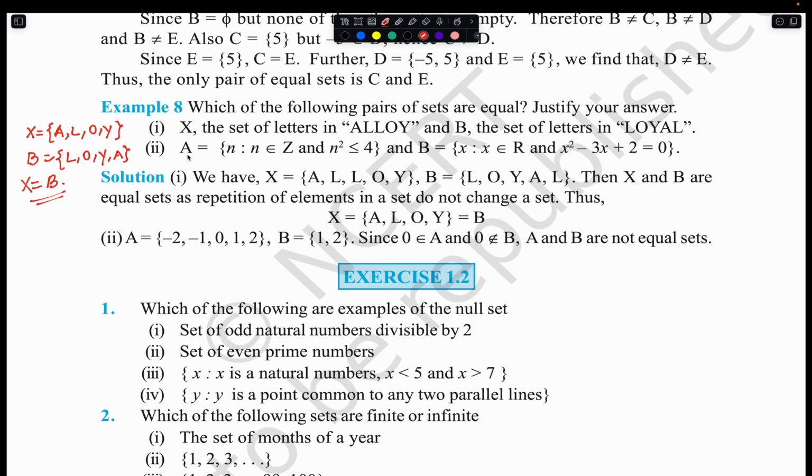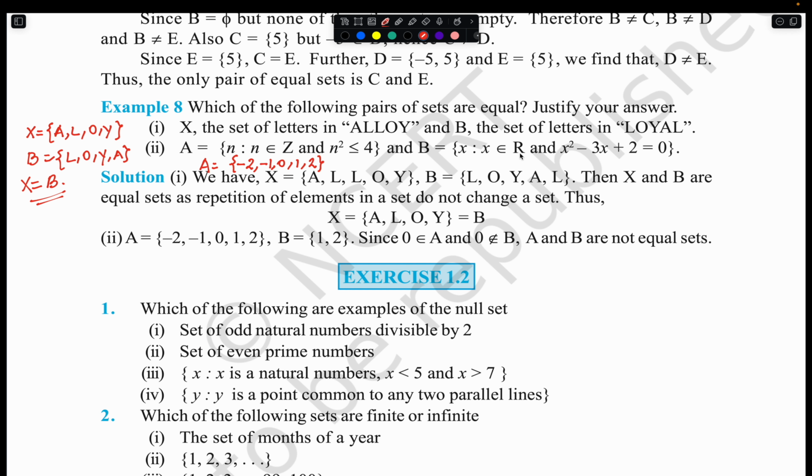For the second pair, you have A, the collection of n, where n is an integer and n square is less than or equal to 4. So you have to write the set of all the integers whose square is less than or equal to 4. The integers are going to be -2, -1, 0, 1, and 2. So this is set A, correct?